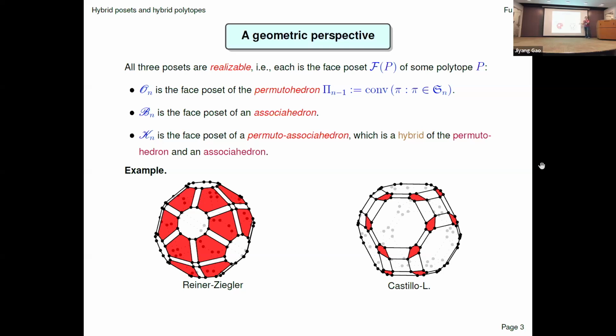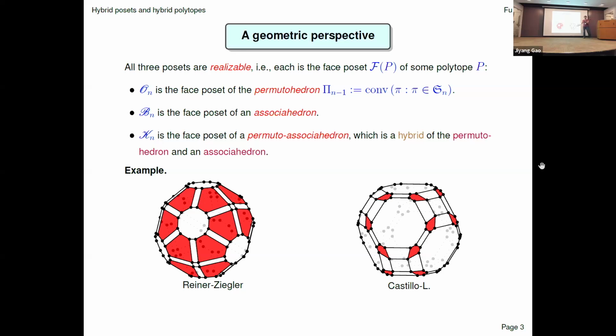And the reason he gave this name was because he foresaw that it will be a hybrid between the permutohedron and associahedron. On the bottom of this slide, I'm including a picture of two different constructions of permutoassociahedra obtained by Reiner and Ziegler and by Castillo and myself.